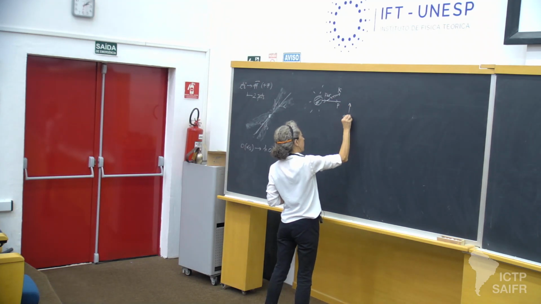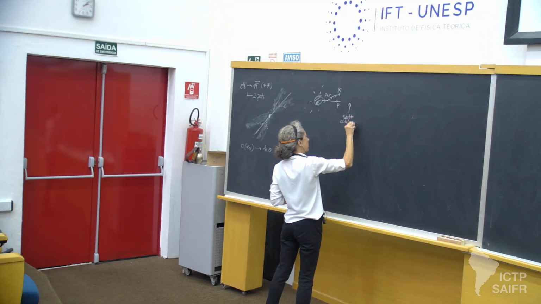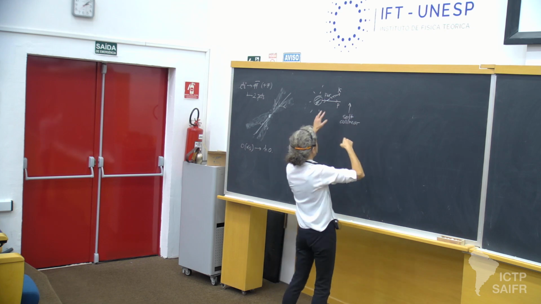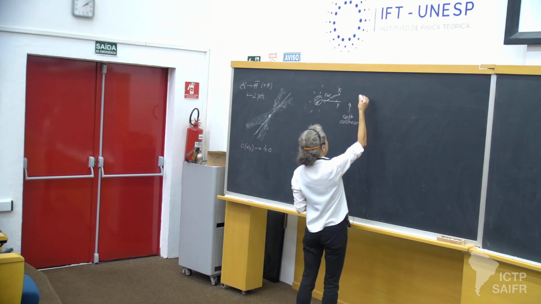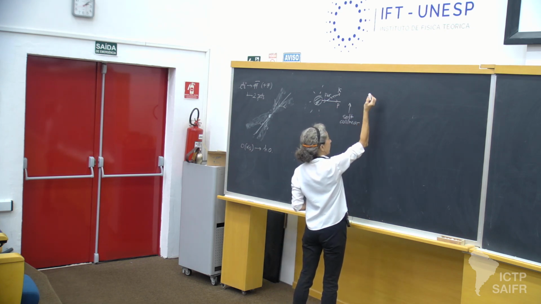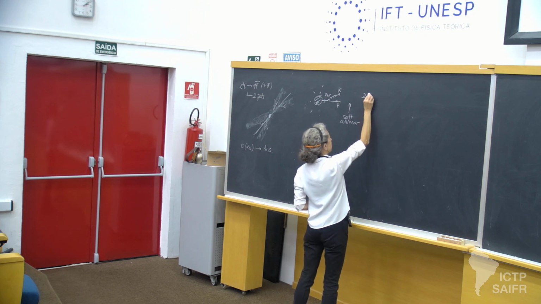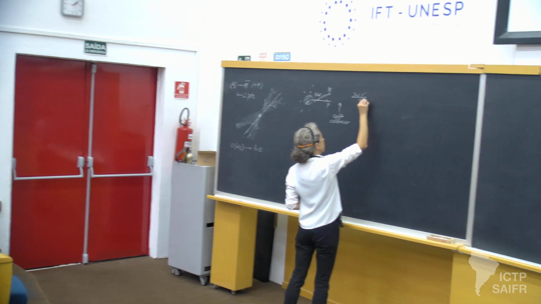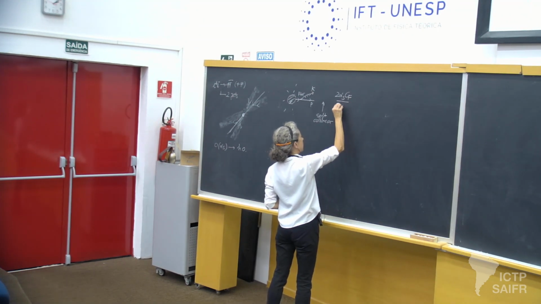So if I look here at the soft collinear region, I know that the cross-section for this can be calculated by multiplying a factor that we calculated together, 2 alpha_s C_F divided by pi, remember?